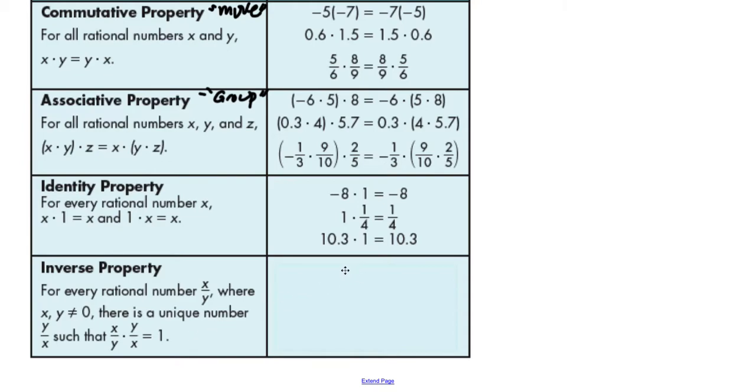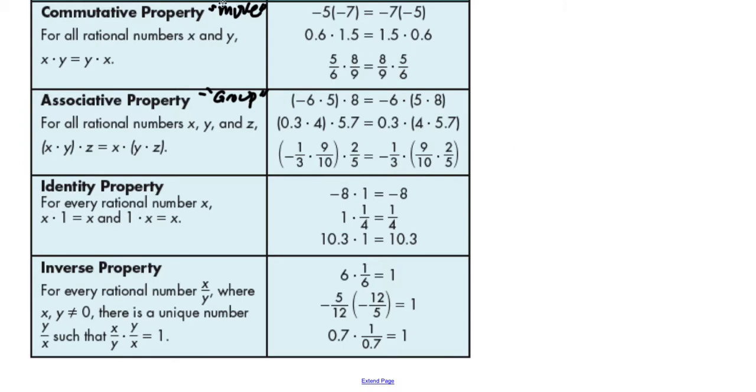Examples given: 6 times 1 over 6 is equal to 1. Negative 5 over 12 times negative 12 over 5 is equal to 1. 0.7 times 1 over 0.7 will give you 1 as well. So in the multiplicative inverse property, or the property of reciprocals, the product of two numbers is always equal to 1.